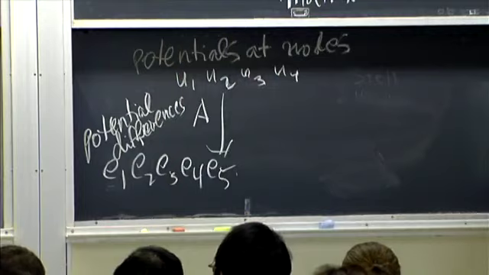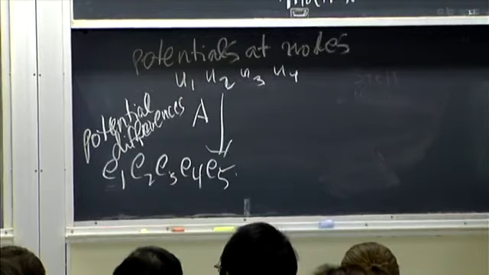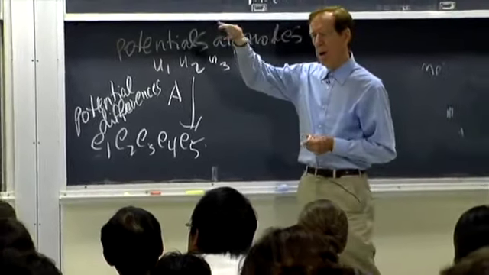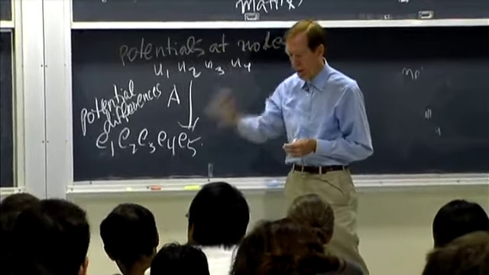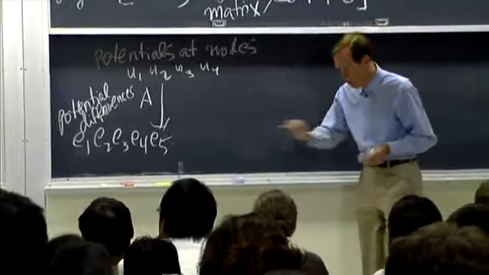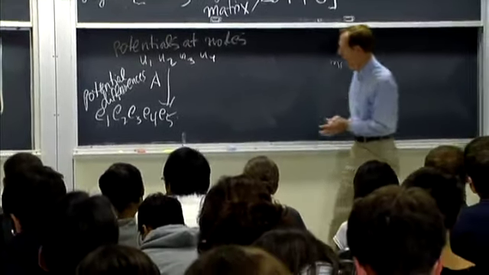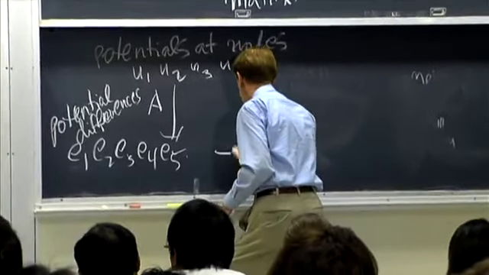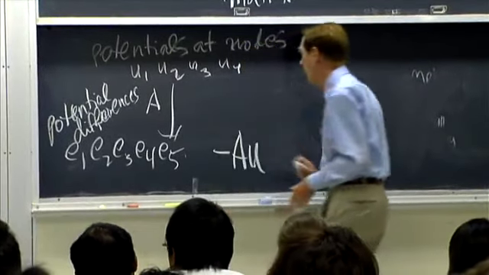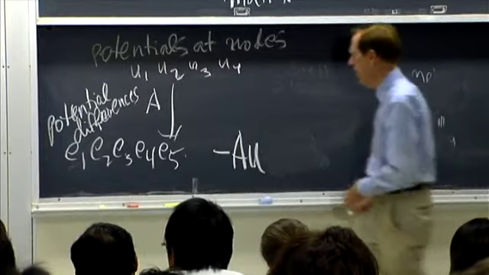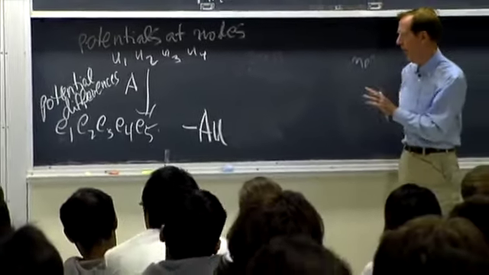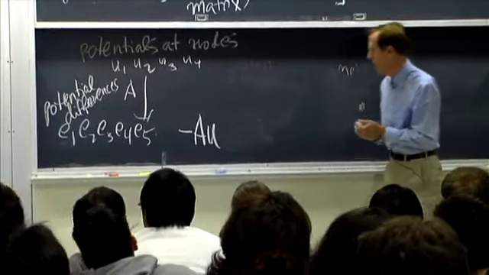When I say voltage drops, that's because, as we noted before, the current goes from a higher to a lower potential. It goes in the direction of the drop. And I think that what we need now is minus AU for E. We need a minus sign, and it's quite common to have the minus sign. We saw it already with least squares.